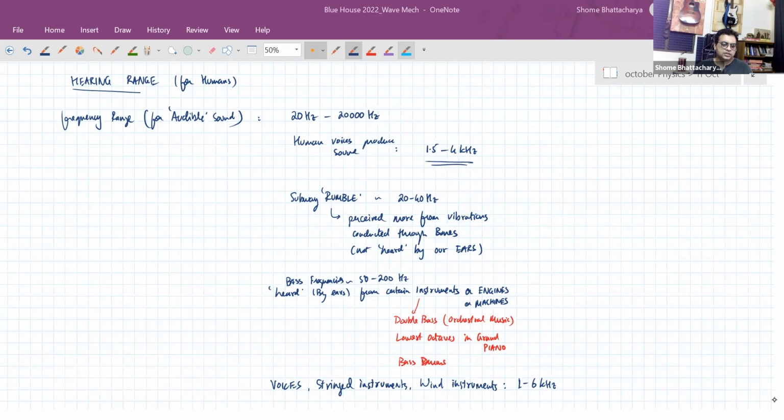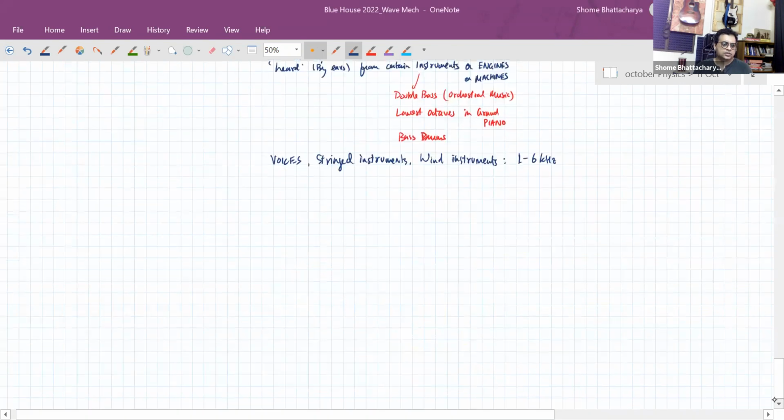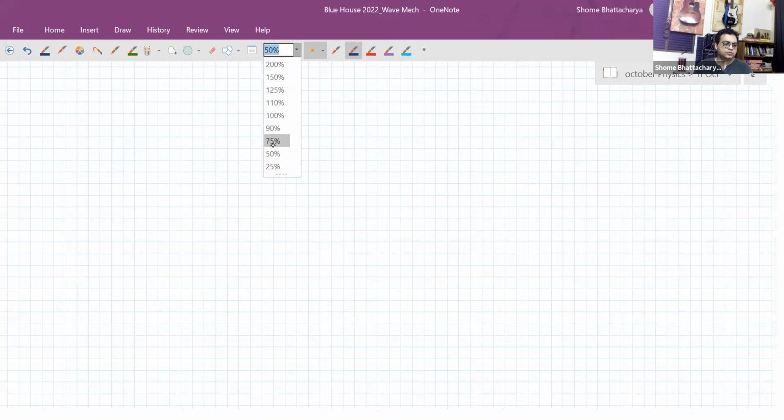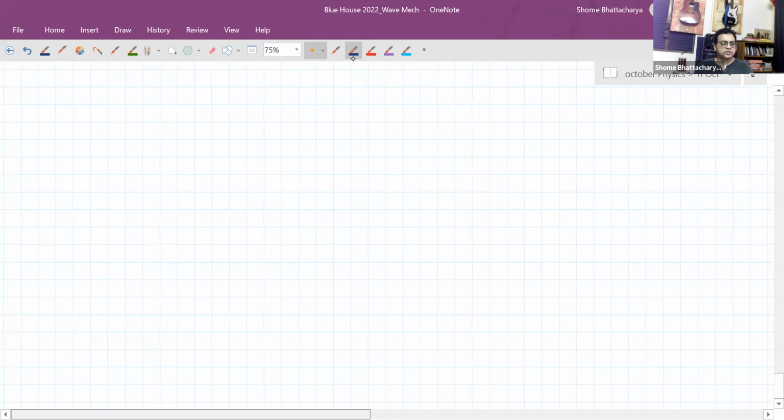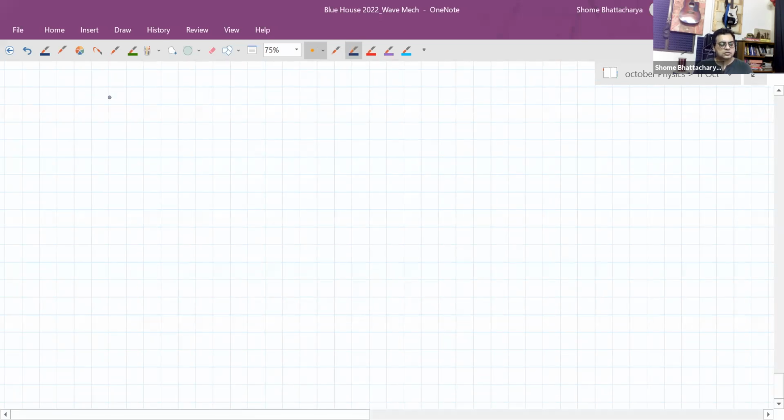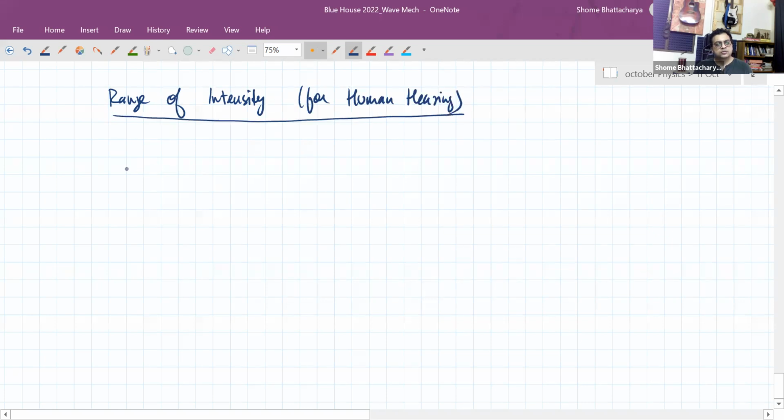That is about the frequency range of audible sound. Now there is another thing which is important for perception of sound, which is to do with intensity and loudness. So the range of intensity for human hearing. In this we have one important parameter, called the threshold of hearing.